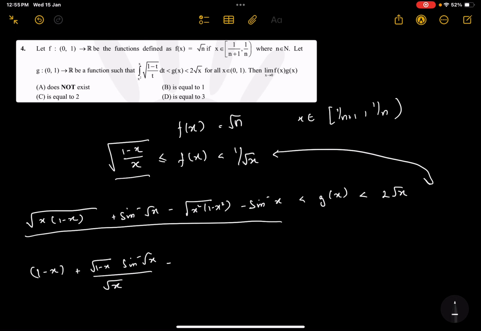minus 1 minus x root 1 plus x times x sine inverse x.